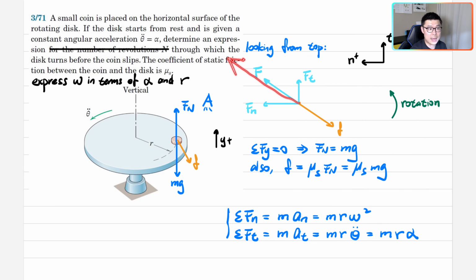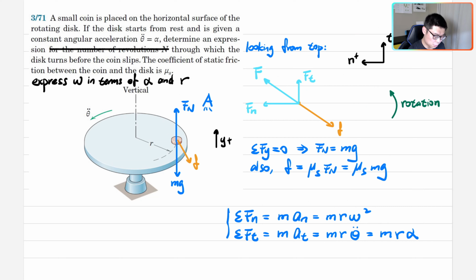When this capital F is much greater than the friction, they will create an overall non-zero resultant force, and then this coin will start to slip, ejected out from the disc.